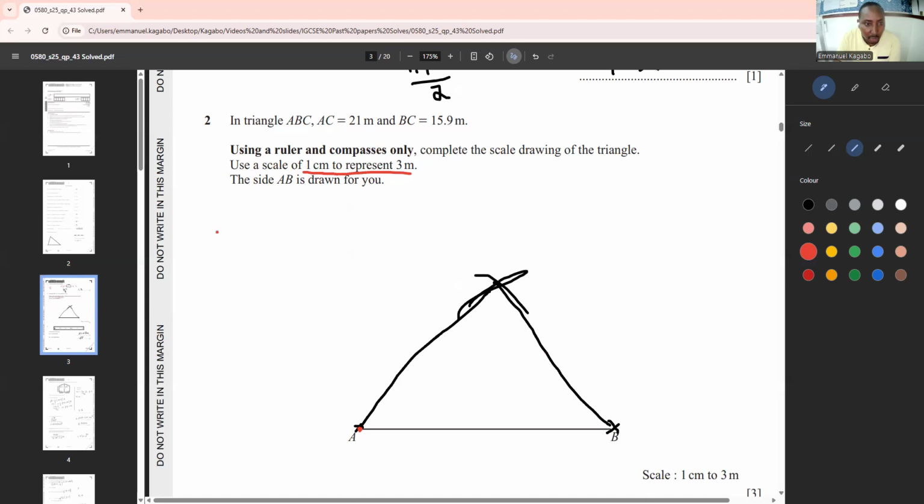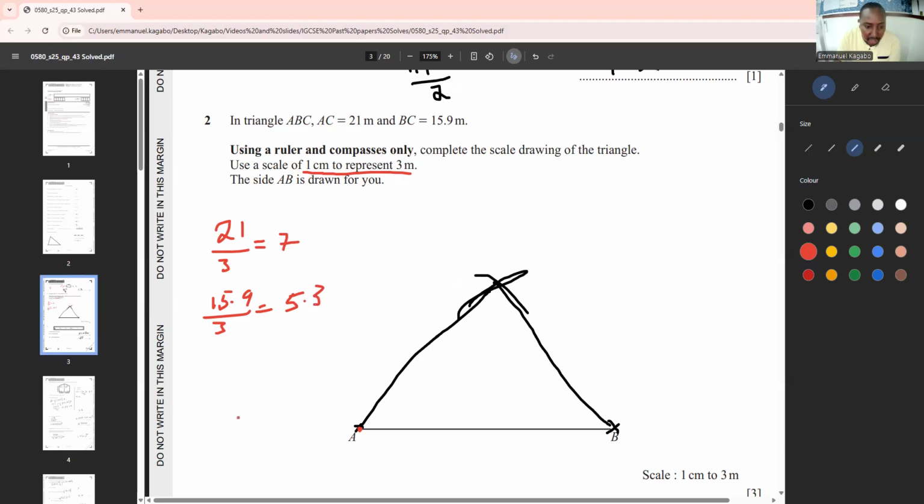This is 21. What's 21 divided by 3? That means on your ruler, you have to measure 7.0. What about here? It will be 15.9 divided by 3, so you're going to get 5.3. This is what you're going to measure.